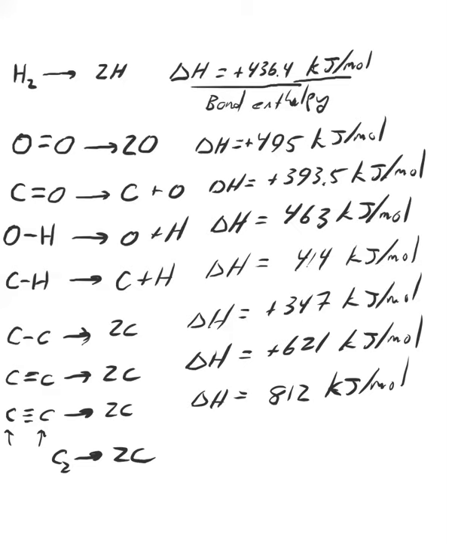All right, so let's take a look at a problem. I'm going to see if I can pull one up here from Alex. This is called calculating the heat of reaction from bond energies. Again, this is section 8.9.